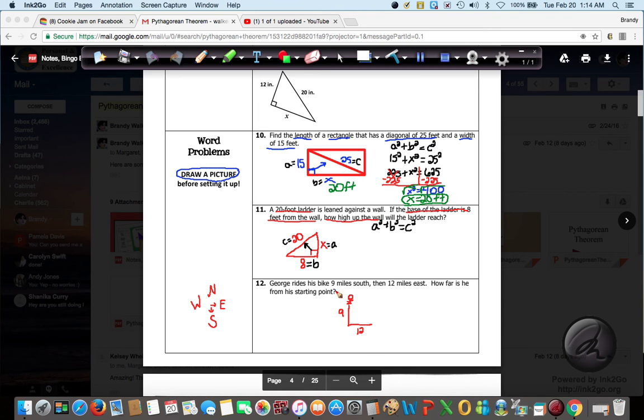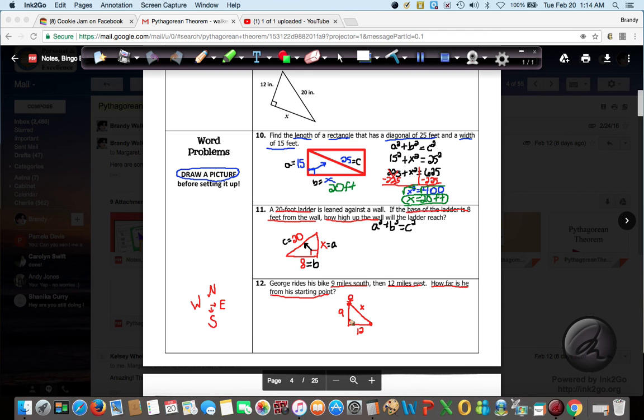And the question is, so important things to underline or highlight would be 9 miles south, excuse me, 12 miles east, and then how far is he from his starting point. So if he starts here and he ends up there, they want to know what is that distance. So there's your X. That's what they want to know.